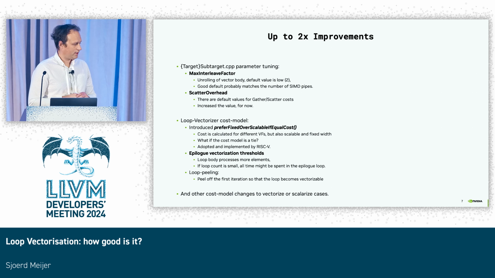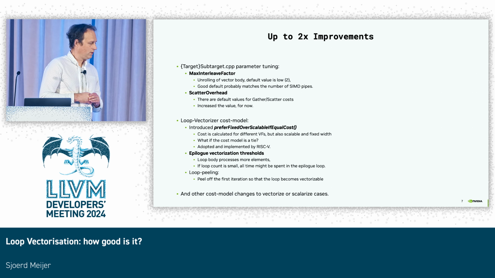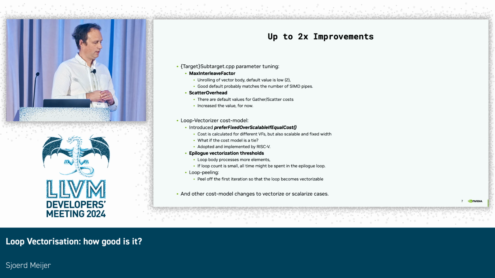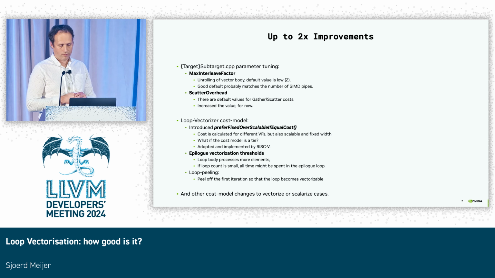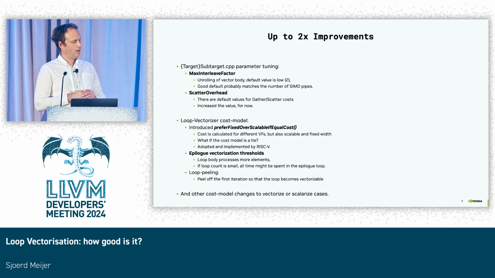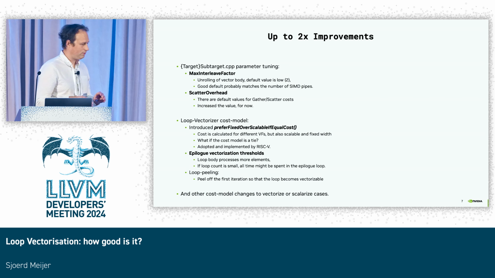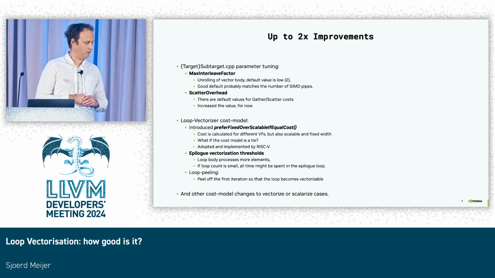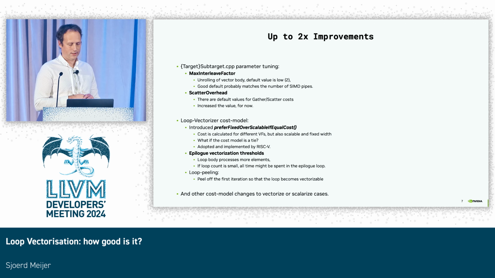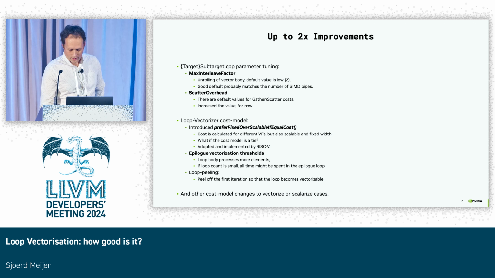So we did some work there to enable that. We did some work for loop peeling so that will then also trigger more vectorization. And as I mentioned, we have all sorts of different patches in the cost model that then allows more vectorization.